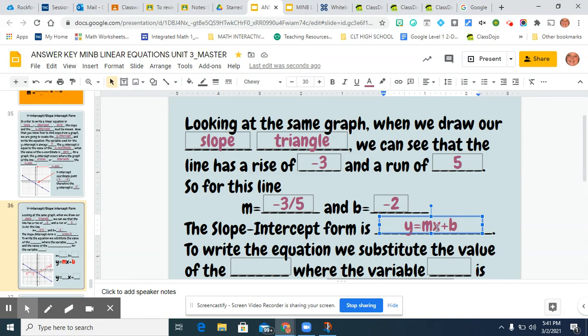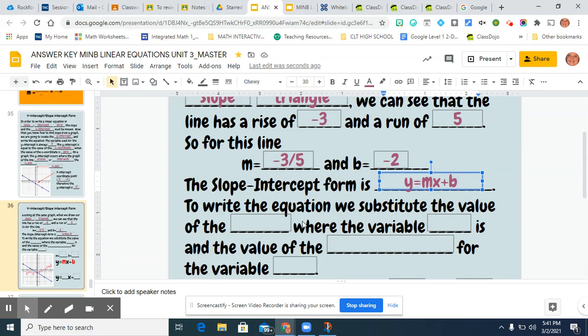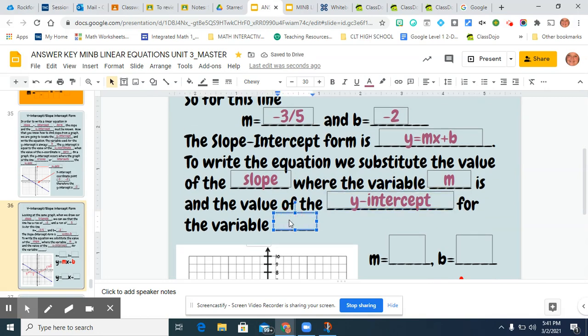And remember, when two things sit next to each other, like the m and the x, they're multiplying. So this m, because it's going to be a number, is the coefficient of x once you're in slope-intercept form. To write the equation, we substitute the value of the slope where the variable m is, and the value for the y-intercept for the variable b.